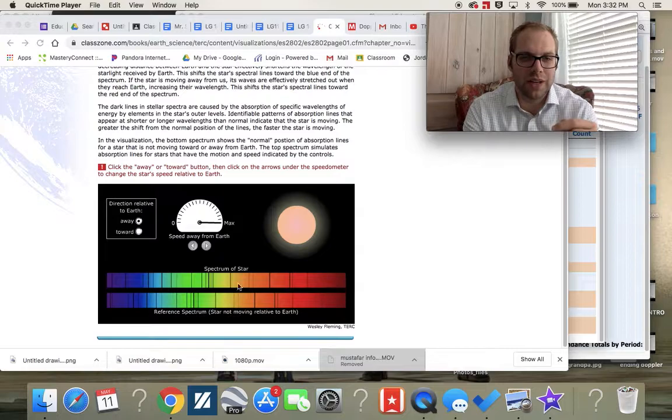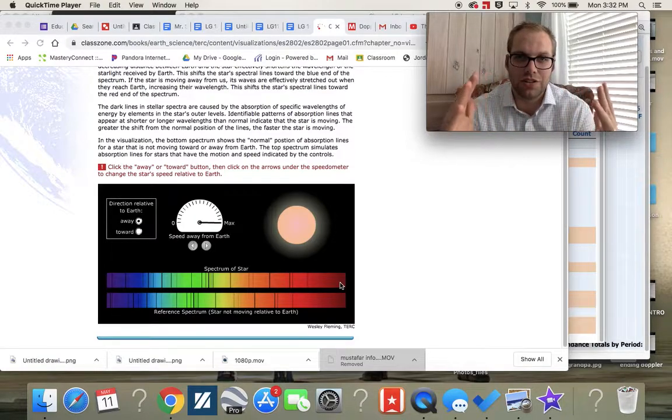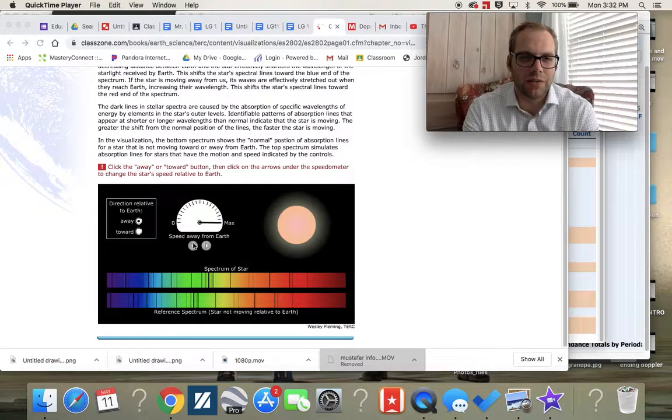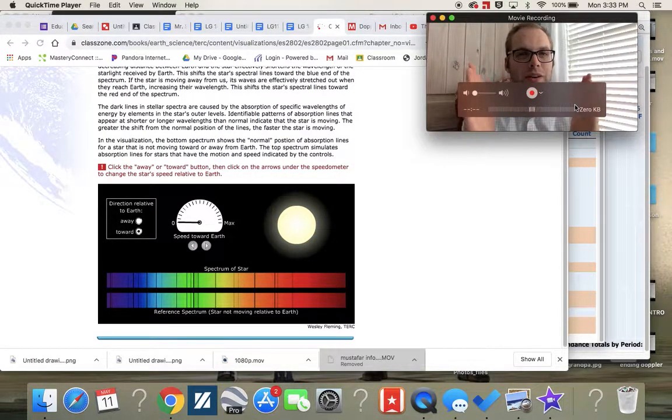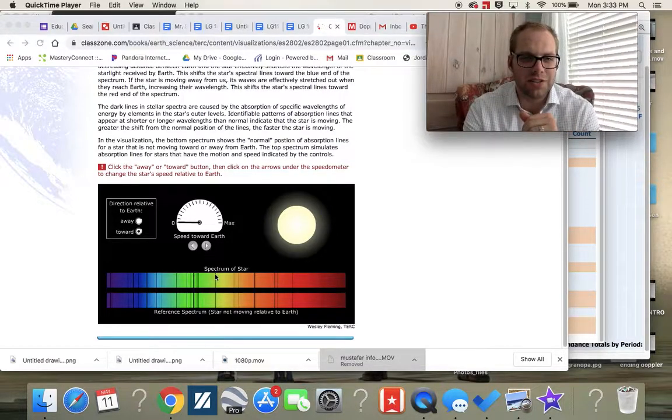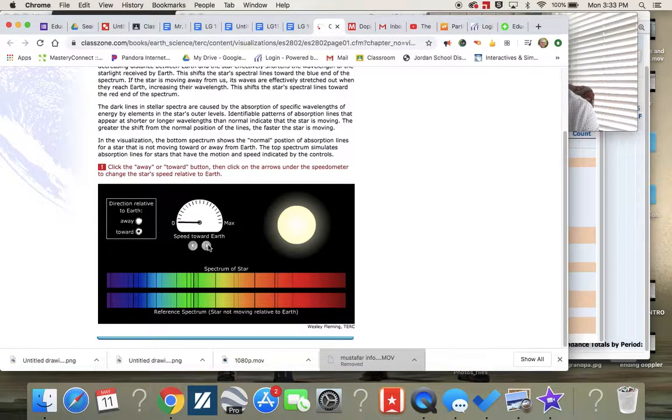So the whole spectrum is going to shift towards the red because all of the wavelengths are being stretched longer. However, what if I make the star move towards me? Now I'm going to be making the wavelengths shorter, which means we are going to see this spectrum shift the other way towards the blue.